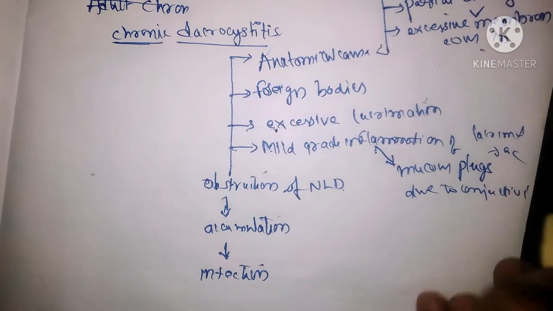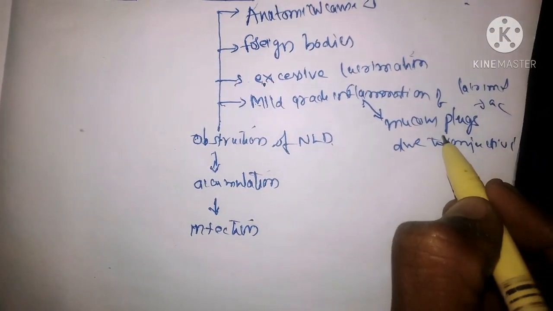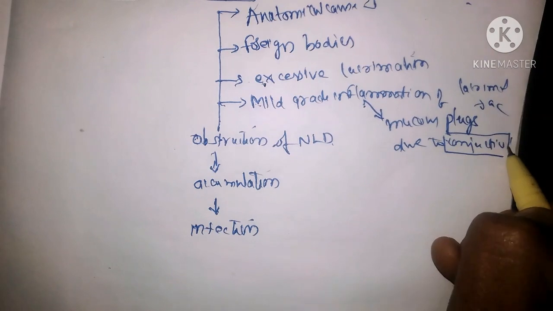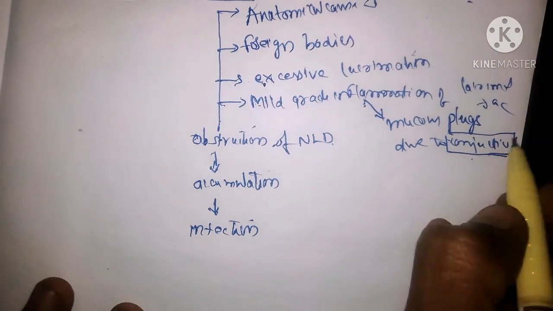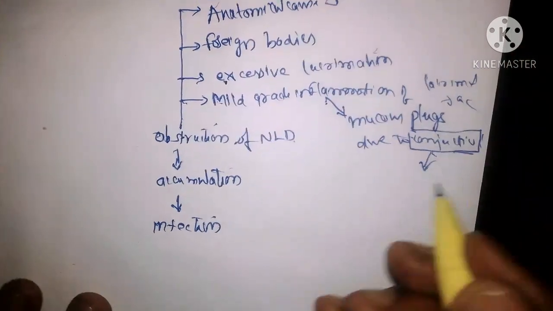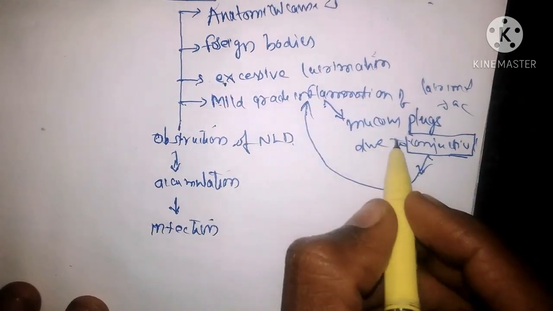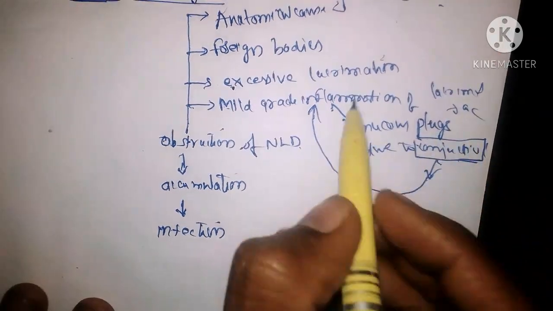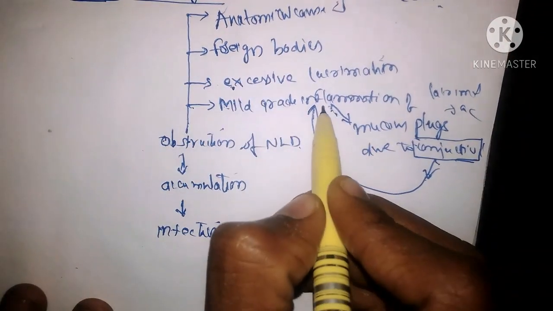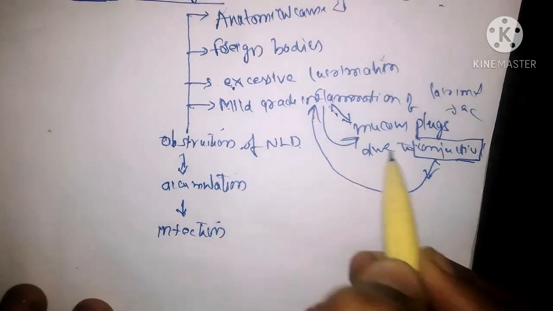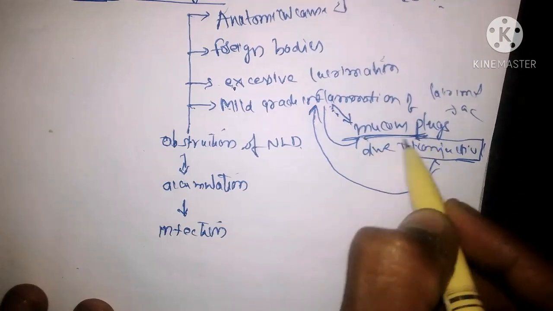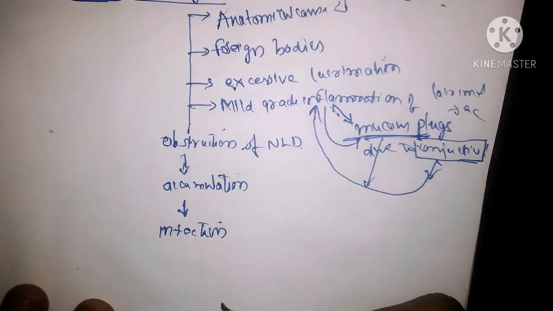What we have to understand here is there will be recurrent conjunctivitis. This recurrent conjunctivitis results in mild grade inflammation of the lacrimal sac. This mild grade inflammation will result in mucus plugs. These mucus plugs will obstruct the nasolacrimal duct.